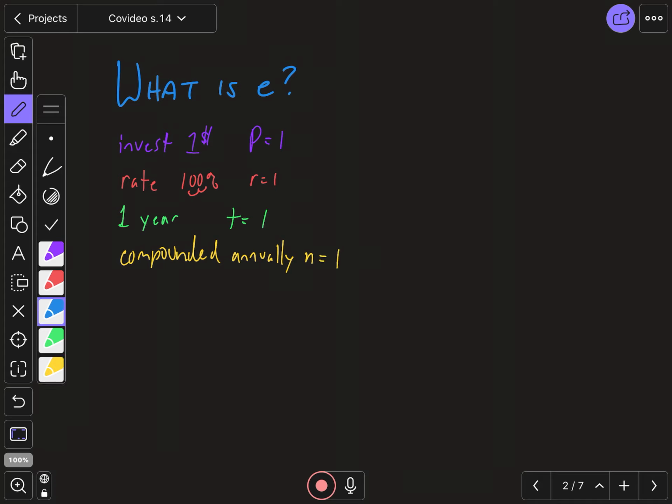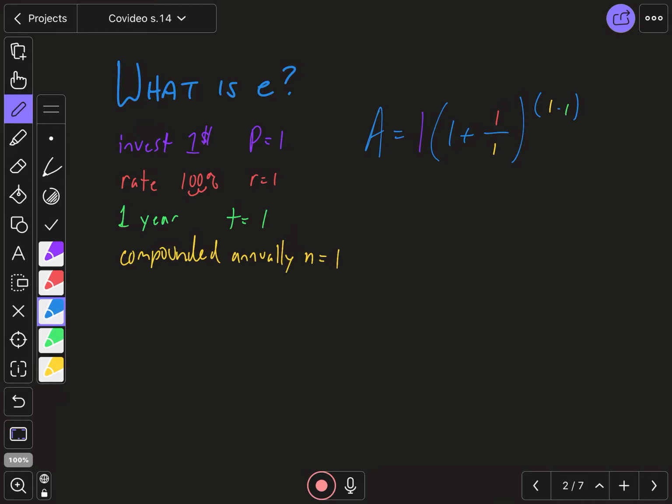So from the formula, we know that A equals 1 times, so 1 for the principal, times (1 plus the rate of 1 over the number of times compounded per year, which would also be 1) all to the n times t, which is also 1. So basically, how much money would you have if you saved $1, and then you got 100% interest back at the end of the year?